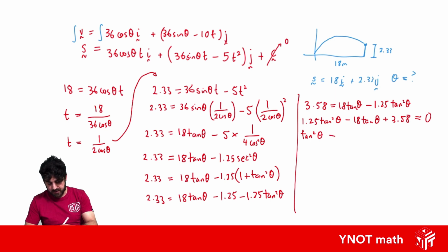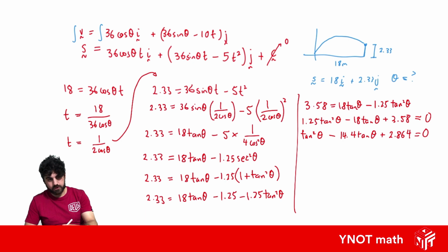So 18 divided by 1.25 is going to give us 14.4 tan theta, and then 3.58 divided by 1.25 is going to be 2.864 equals 0.